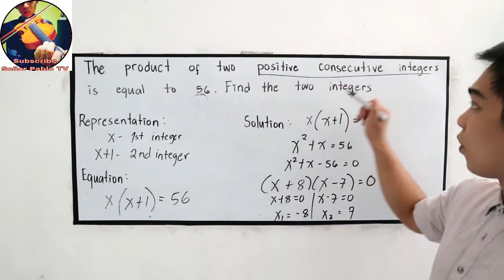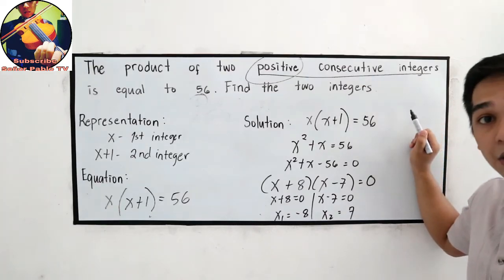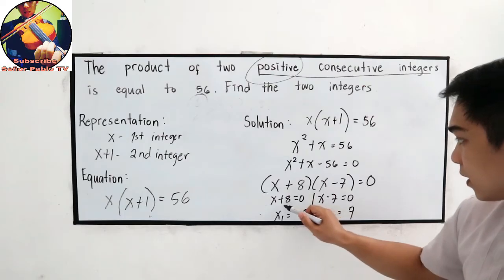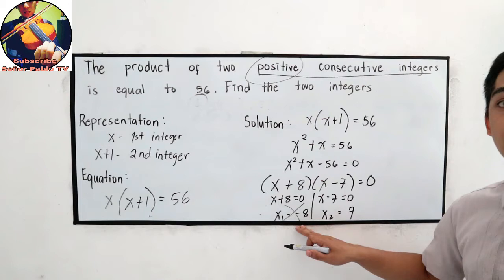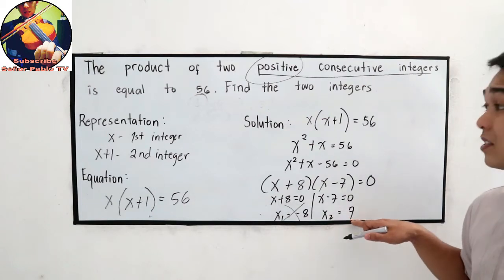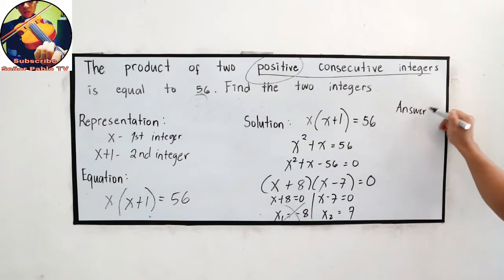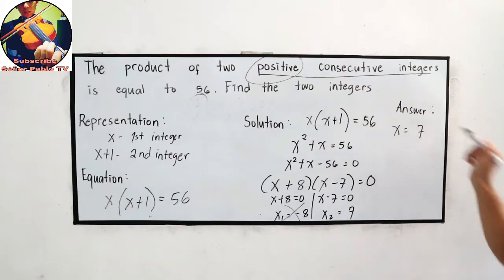We are looking for positive integer or positive number. So we're going to neglect negative 8. We're just going to get positive 7. So our answer is x is equal to 7.